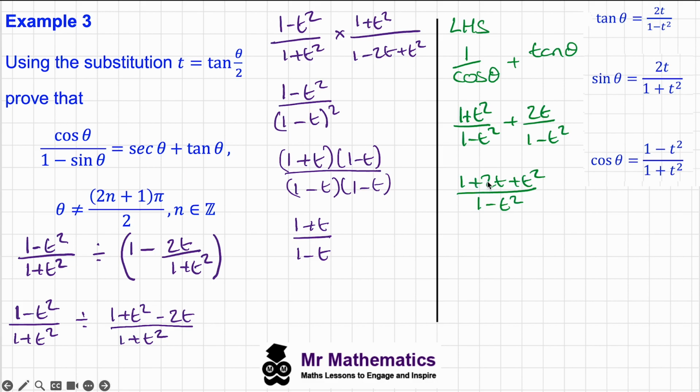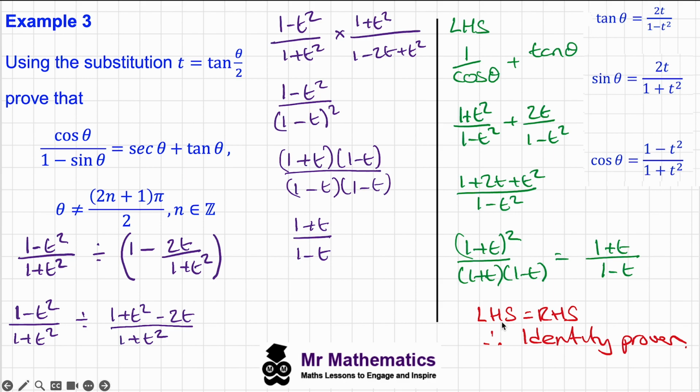We can factorize the numerator into 1 plus t all squared, and we can use the difference of two squares with our denominator. Then one of these 1 plus t's will cancel with this one. So we get 1 plus t over 1 minus t. The left-hand side is equal to the right-hand side, so therefore the identity is proven.